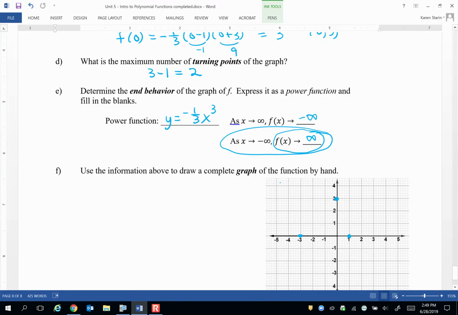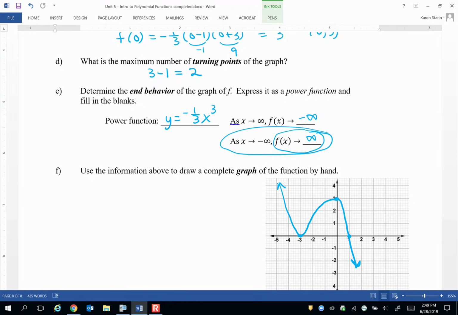And I know I have to touch at negative 3 because the multiplicity was 2, which is even. And then I can see that I'm going to cross through the y-axis because that's my y-intercept. And then I cross down through 1 because 1 is a 0 and it has multiplicity 1, which is odd. So I just sketched that curve by hand with all of that information from A through E.